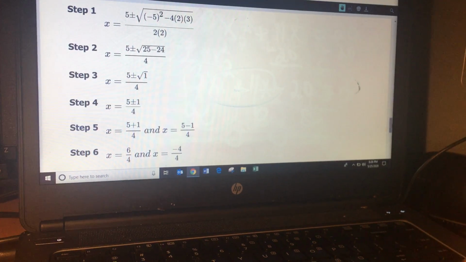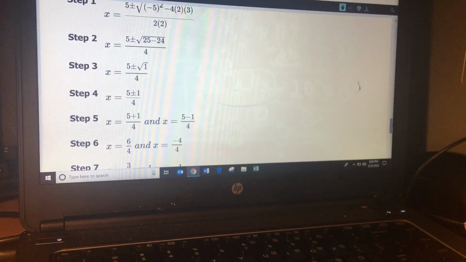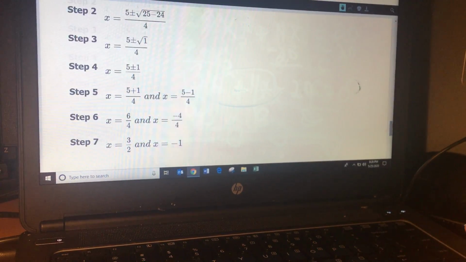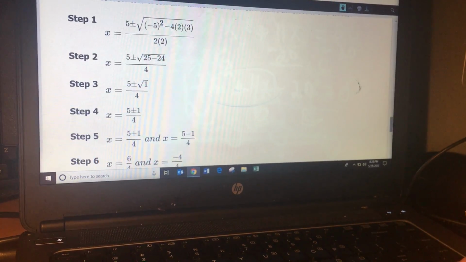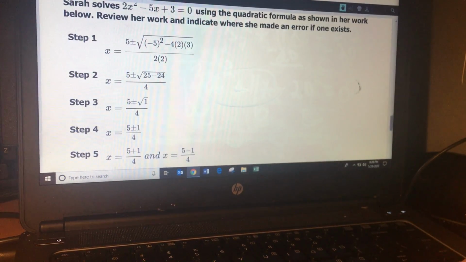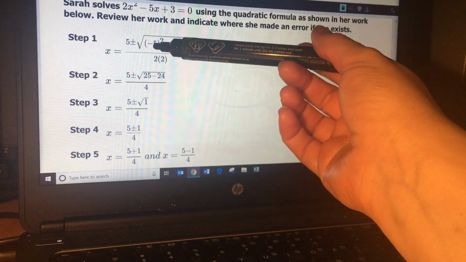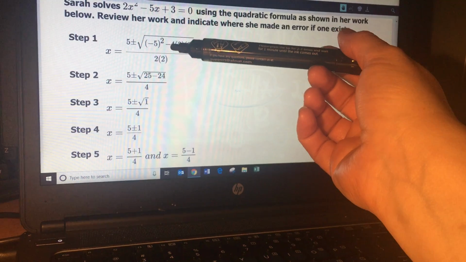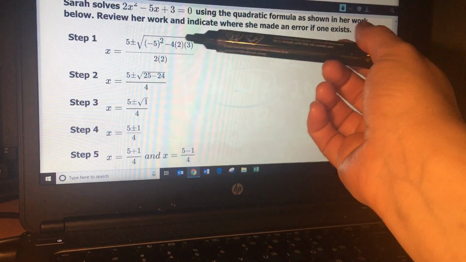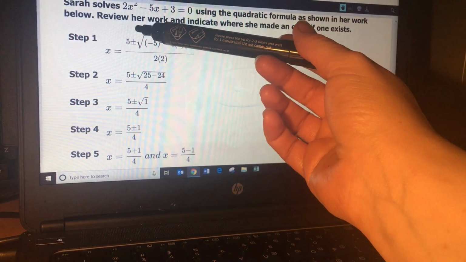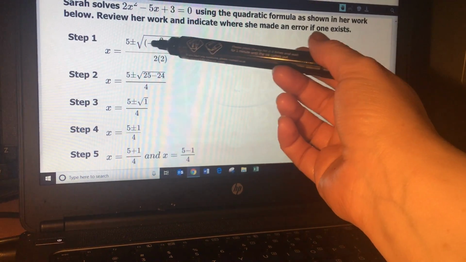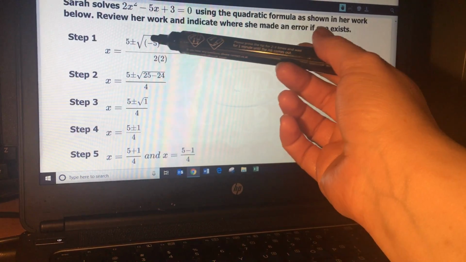All right, our equation. Okay, 2x squared, there it is. So 2x squared, that's our A, B, C. So plug that in right. 4 times 2 plus 3. 2 times 2. And 5.